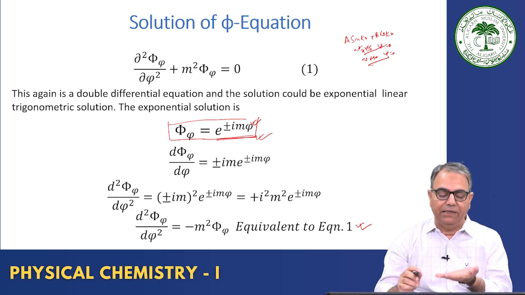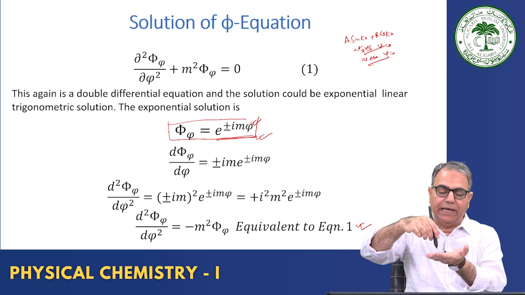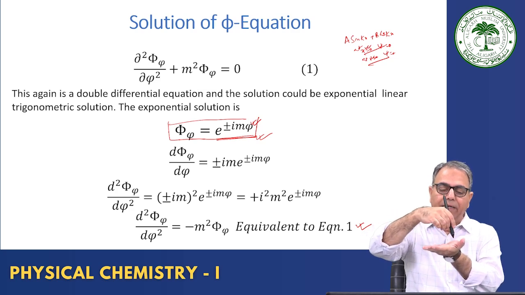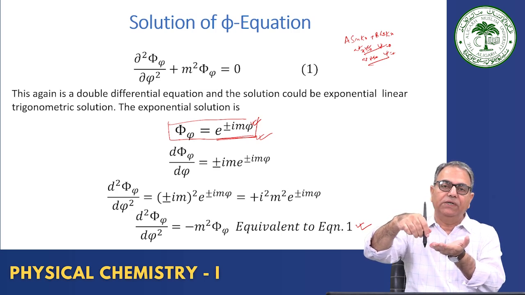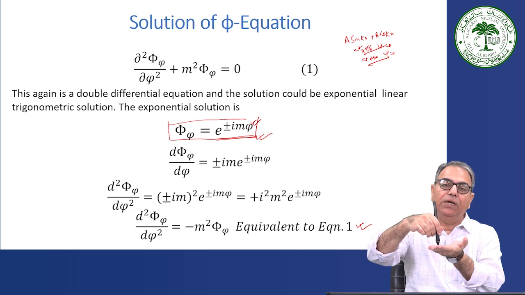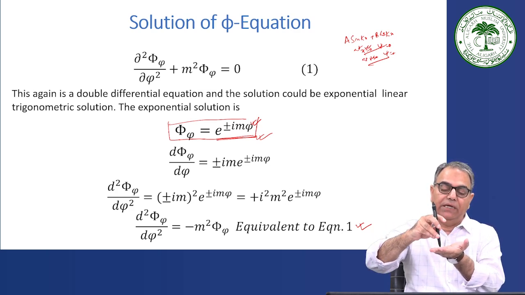Since it is an angle in the plane, starting from this, if it completes one rotation, the angle covered is 2 pi, and again after 2 pi you reach the same point on the x-axis. A 2 pi rotation again gives you the same x-axis.